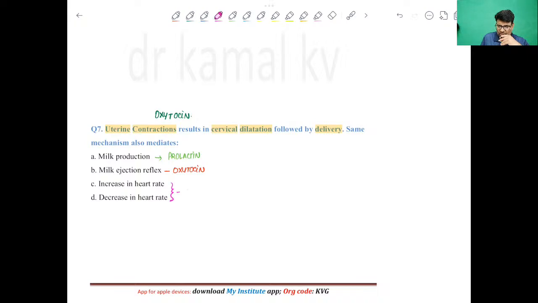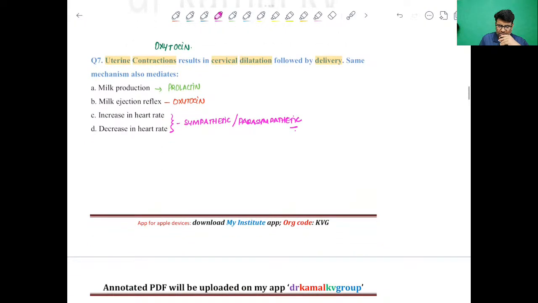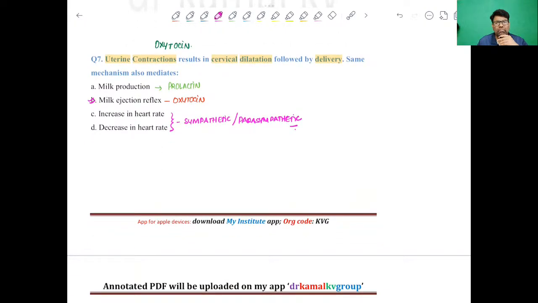This is all sympathetic and parasympathetic, that is, autonomic. So increase in heart rate is sympathetic, decrease in heart rate is parasympathetic. So the answer is option B, milk ejection reflex.